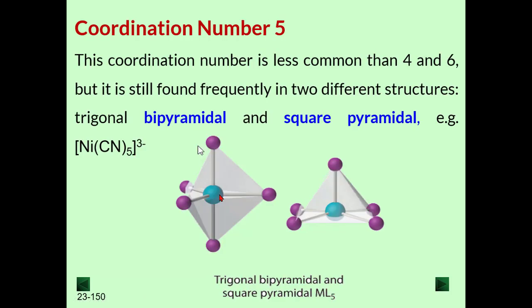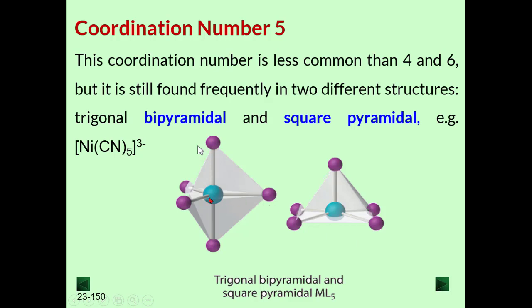Similarly, in coordination number 5, you have 5 ligands around the central transition metal. These 5 ligands arrange themselves in two forms. One is, for example, the basic form is planar, but above it is a fifth ligand on the top, making the structure of a pyramid. That is why we call this structure square pyramidal.